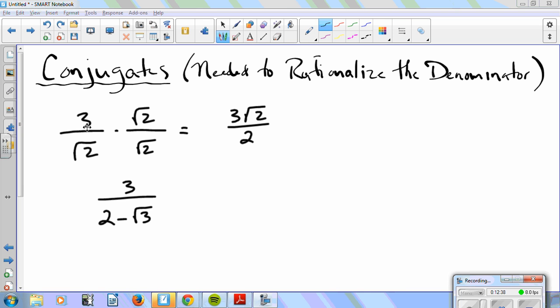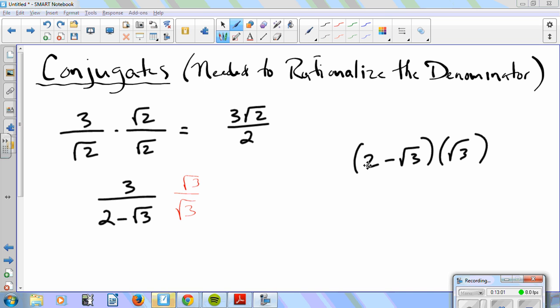If I took the same approach as the other one, again, don't write this down in your notes, just watch. You might say, hey, square root of 2 up here, I multiplied by the square root of 2. Down here, I see the square root of 3. Well, if I multiply the top and the bottom by the square root of 3, the bottom is 2 minus the square root of 3 times the square root of 3.